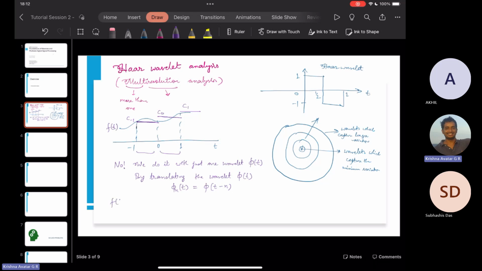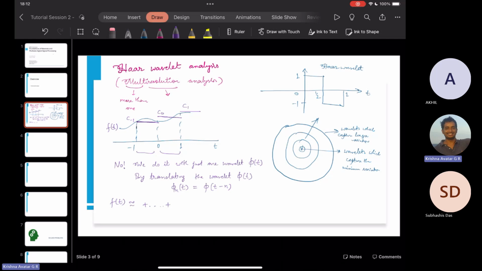Then f of t can be approximated as a series. If it happens to have its value over the infinite length of t, then let's assume that till t equal to -1 we have a certain series.